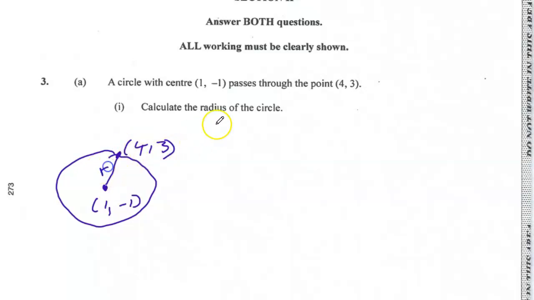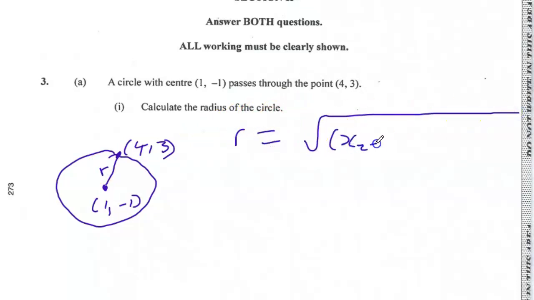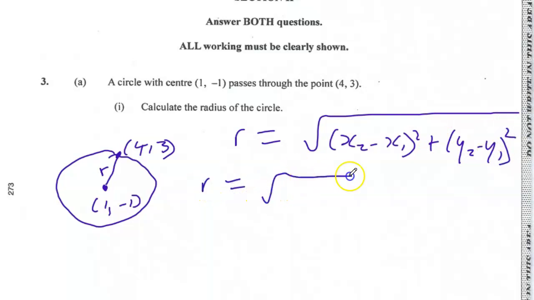We'll call this r. So the radius, the formula for the length of a line is the square root of x2 minus x1 squared plus y2 minus y1 squared. So r will be the square root. We can call these x1, y1, x2, y2.